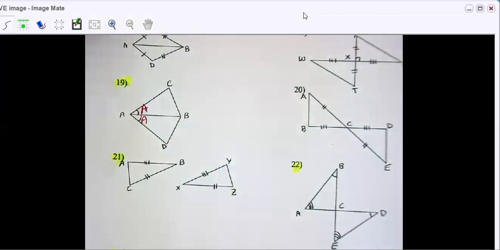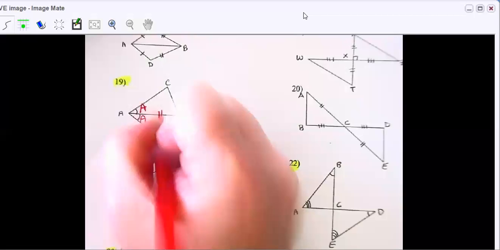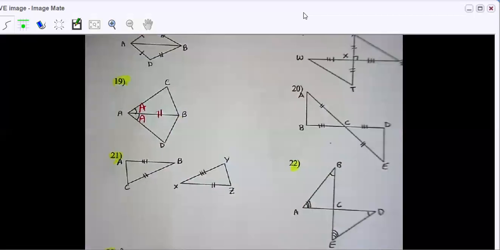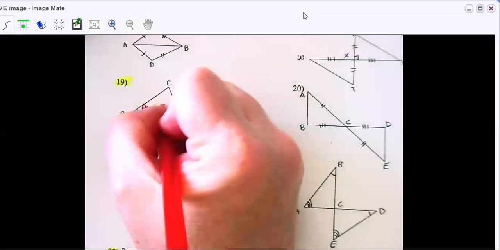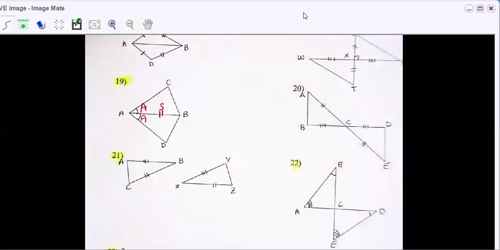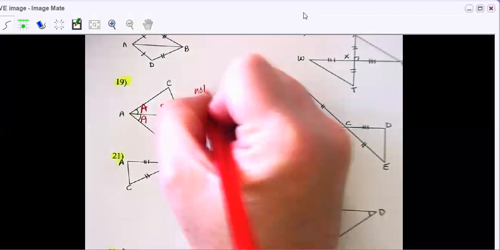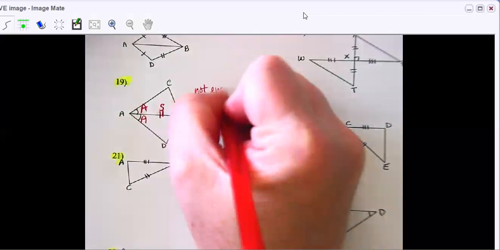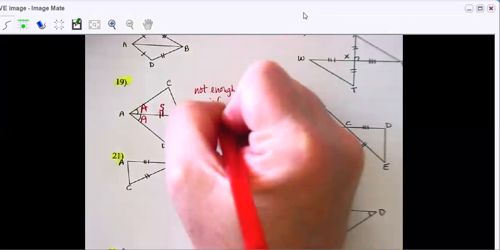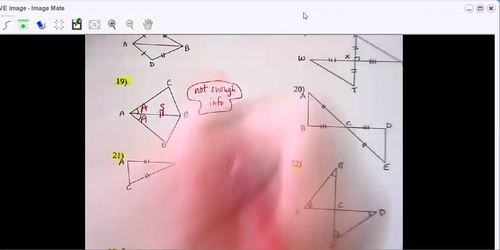Okay, so I can label this common side congruent to itself. Now I have a side, but that's still only 2 pieces of information. I know nothing else about the other sides or other angles. So because they only give us 2 pieces of information, we would write not enough information and be done.